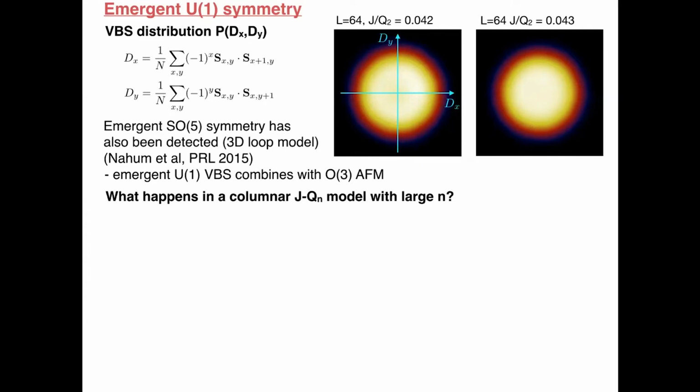Like, yeah, please. Why do you say O3 instead of SO3? Well, maybe I should say SO3. Yeah, because I would think of it as SU2, so you wouldn't have this extra Z2. I'm a bit sloppy with this group theory and symmetries, and I think we cannot detect the difference in what we are doing. So I think it should be SO3.